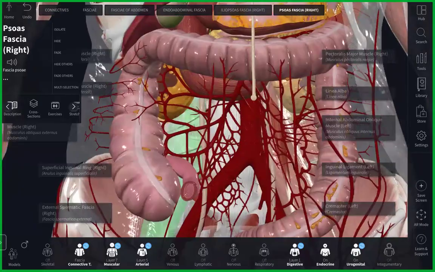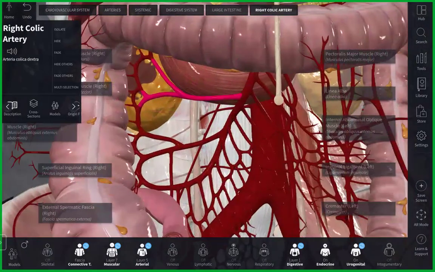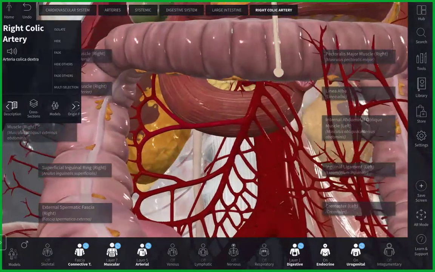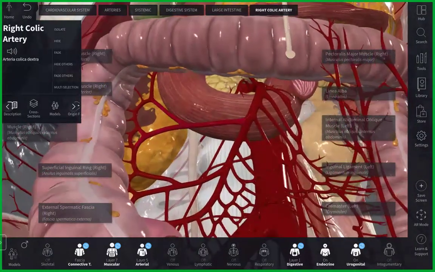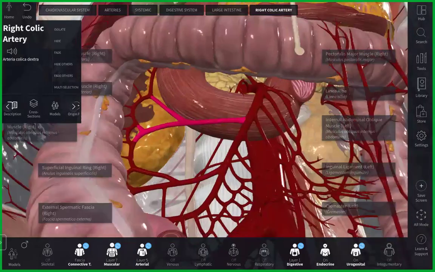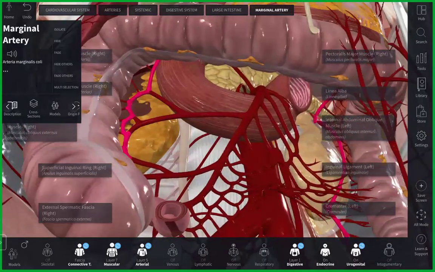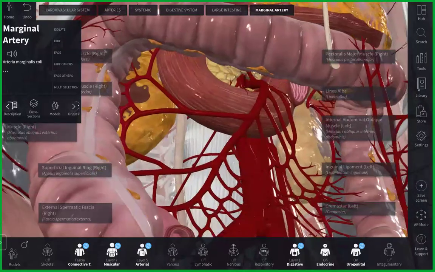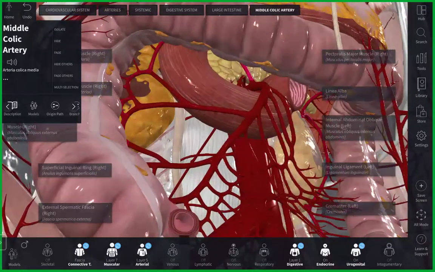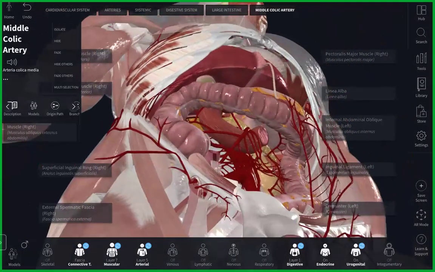Let me show you. Let me remove this one. So then we have right colic artery. Okay. After ileocolic artery, we have right colic artery. Okay. Then we have, forget marginal arteries, middle colic artery. Okay. So let me show you because this model is for showing.